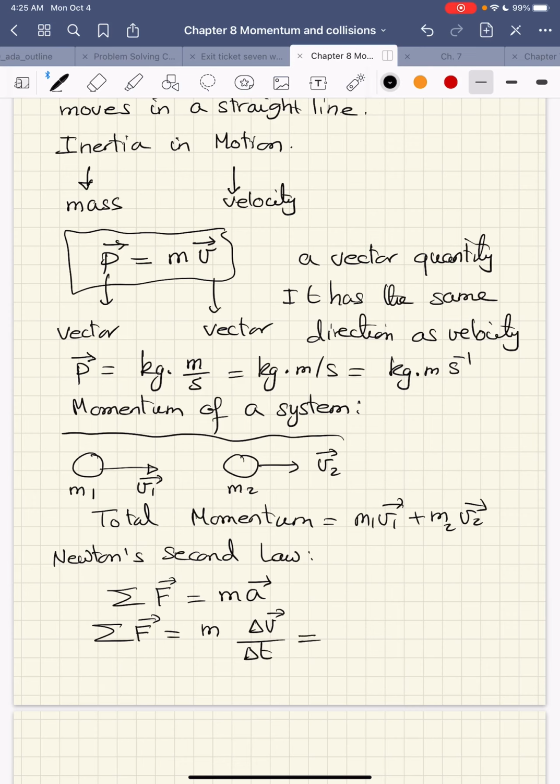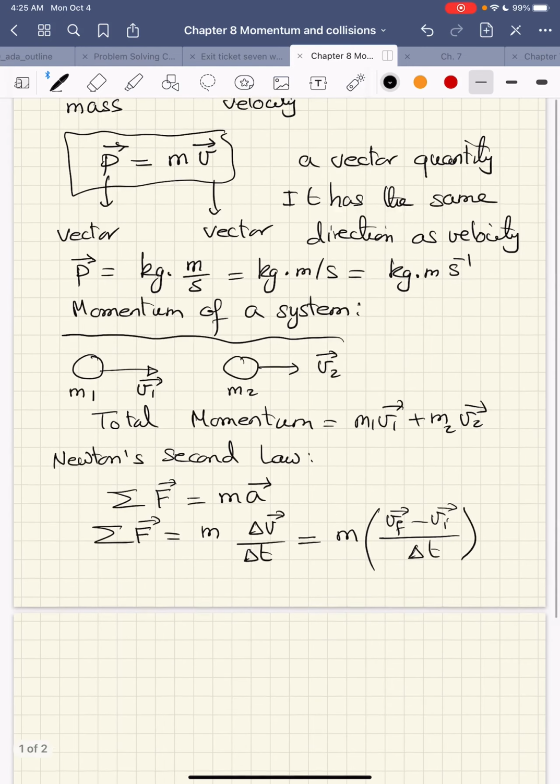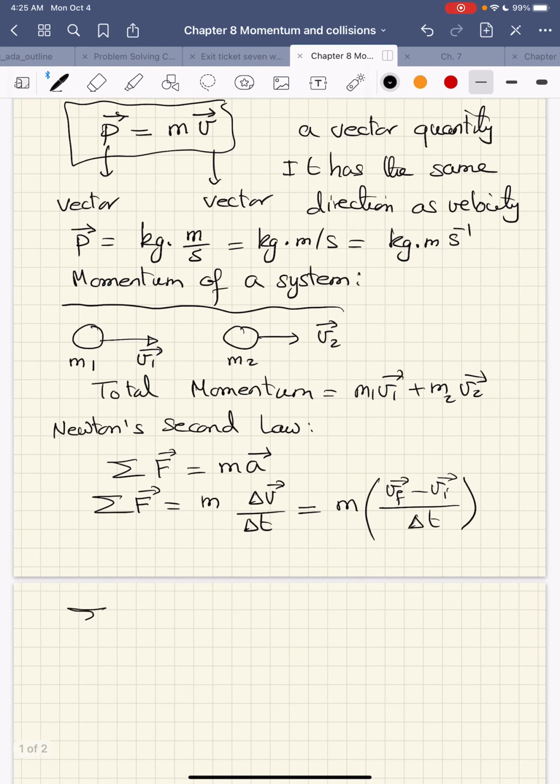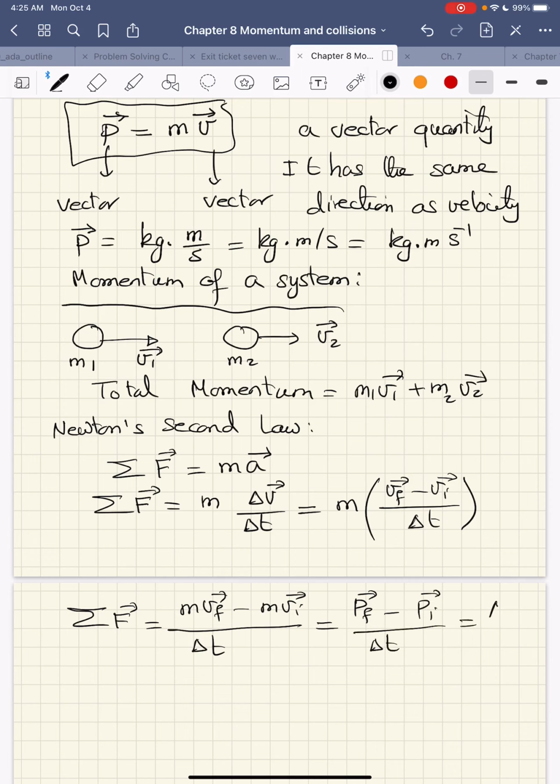This is m times (v final minus v initial) over t, because this is the meaning of delta v. So sigma F equals m v final minus m v initial, divided by the time. That is the final momentum minus the initial momentum over time, so this is the change in momentum divided by time.